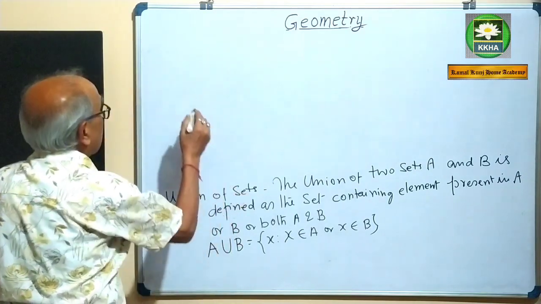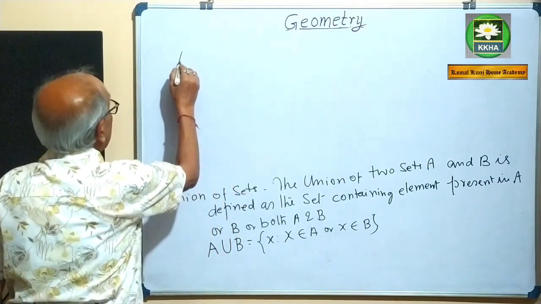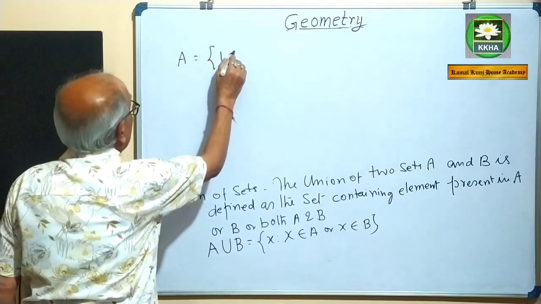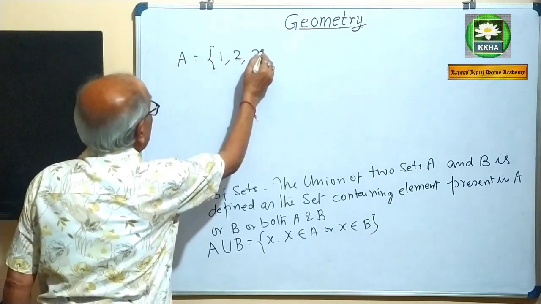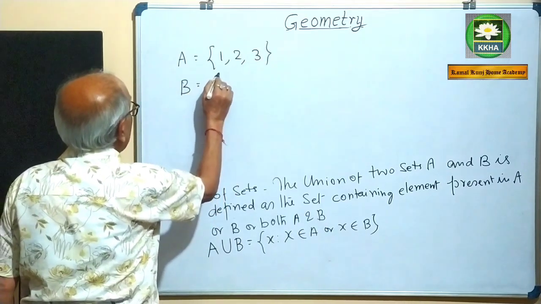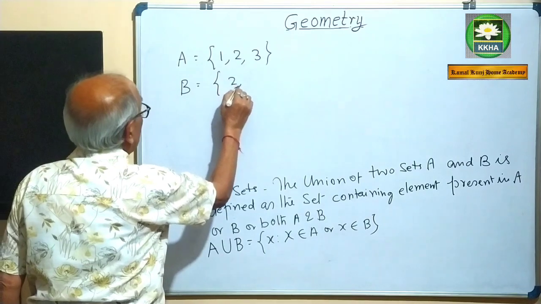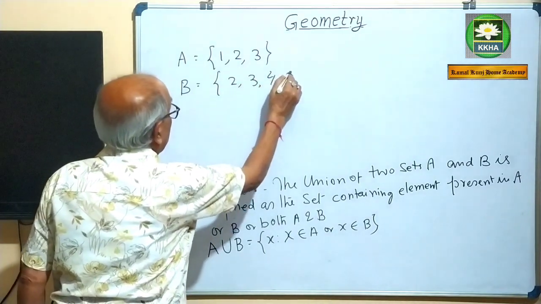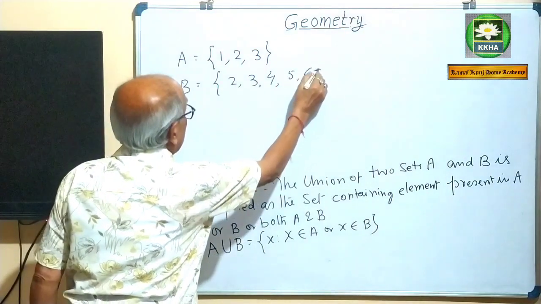For example, let us take set A is equal to 1, 2 and 3 and B is equal to 2, 3, 4, 5, 6, 7.